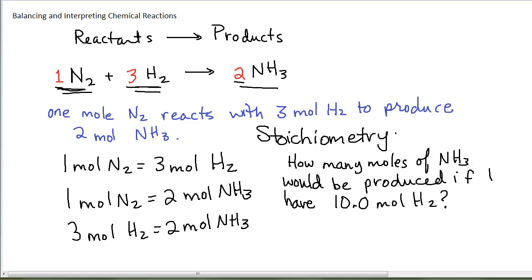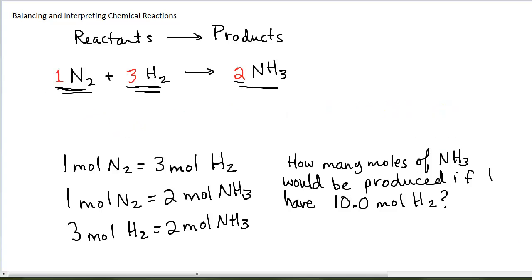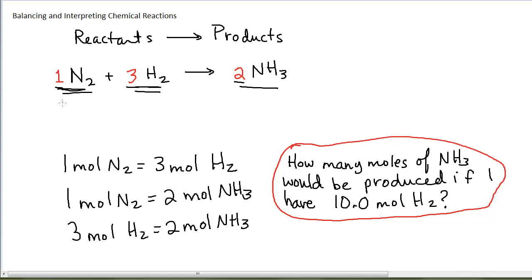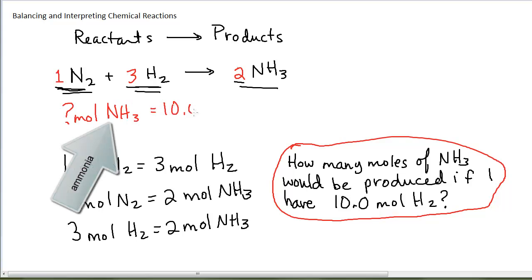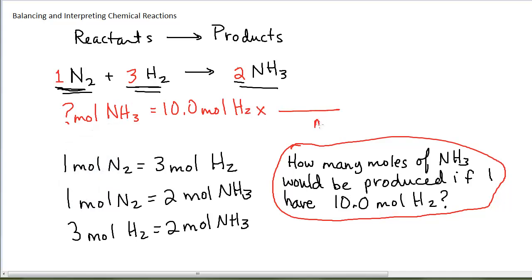All right, let's get some space and let's work this problem. I want to know how many moles of ammonia would be produced if I have 10 moles of hydrogen. In this particular reaction, my question mark is moles of ammonia. I'm given the 10.0 moles of hydrogen, and I need a one-step unit conversion. I need moles of hydrogen on the bottom to cancel. I need moles of ammonia on top to be left with it, and the numbers that go here are the numbers that make them equal, and that would be this bottom unit conversion.